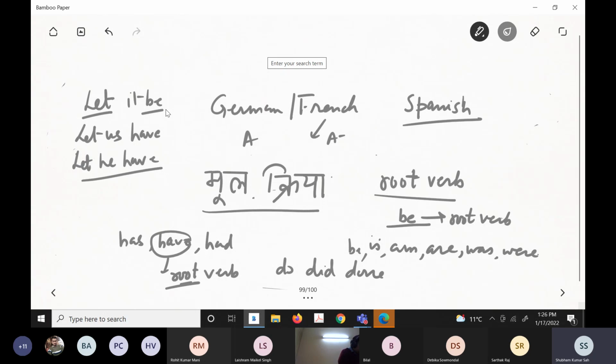Okay, let it be, because have is the root form. So in mathematics, you often assume with the word let, and after let it should always be the root verb: be, have, do. Nothing else will come.